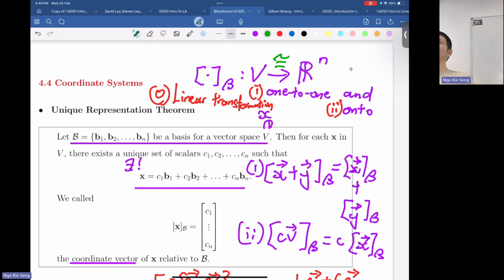One-to-one and onto. It means I can hit everyone in the codomain, but everyone in the codomain has only one pre-image. So if I have 4 elements inside V, I also have 4 elements inside Rn. I can recover one from the other, going from one space to the other without losing information. So there's a bijection.